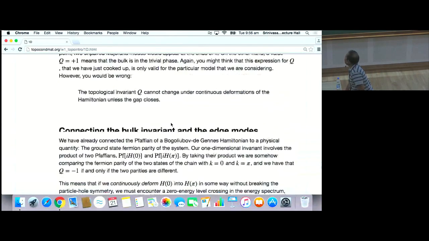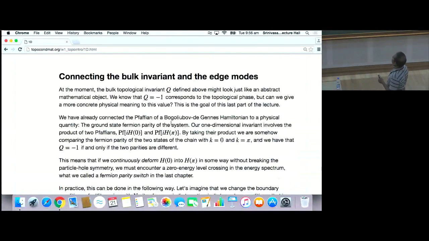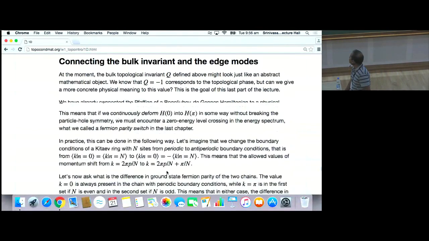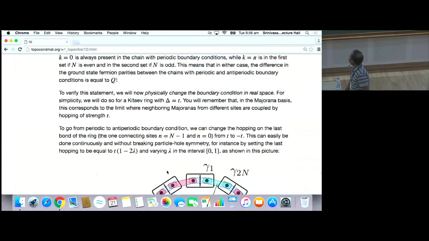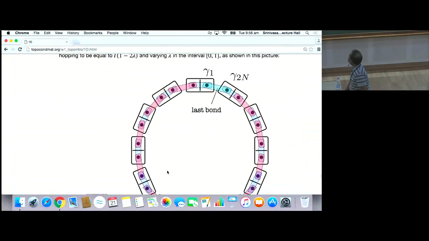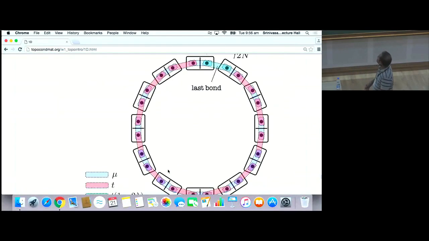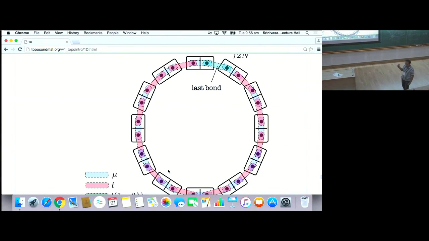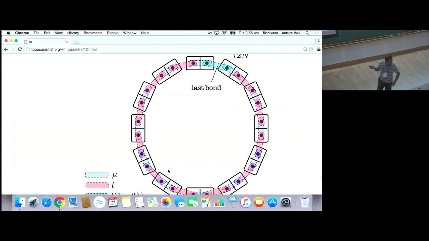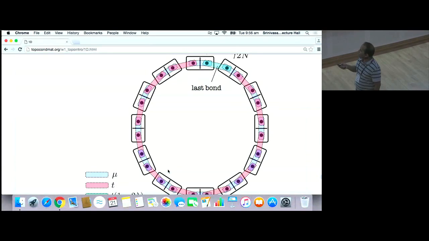So how do we establish that there is an edge mode corresponding to the bulk transition? For this, we use this thought experiment. Our bulk Hamiltonian was a Majorana system with periodic boundary conditions.